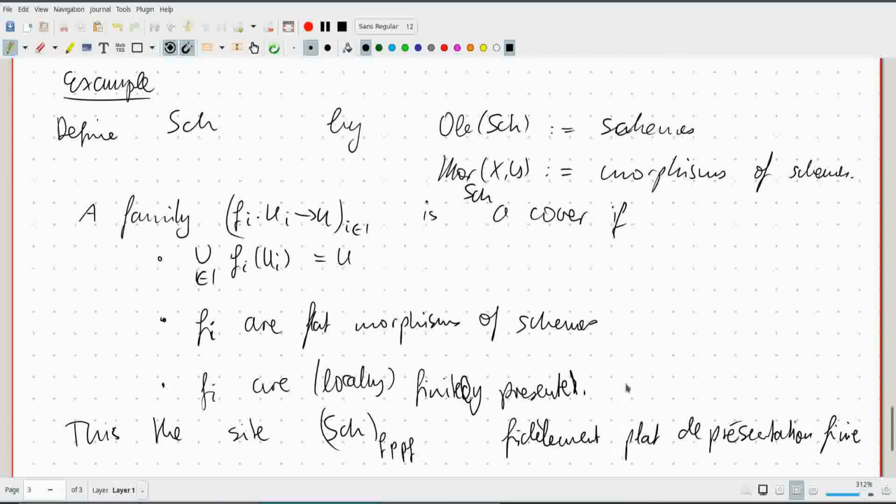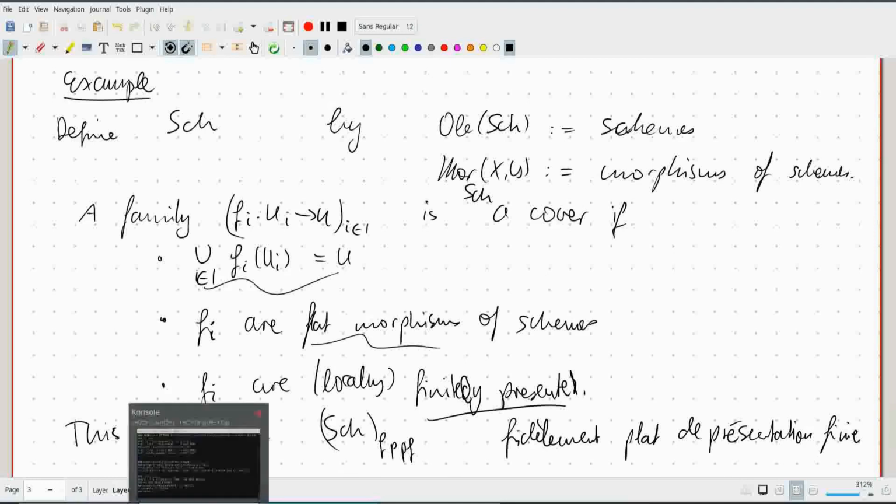Faithfully flat means that the f_i are flat and that they are surjective, or at least collectively surjective. And présentation finie, finitely presented, corresponds to that thing there. And this site is interesting because you can define the stack of quasi-coherent modules on that site, and it also turns out to be a stack that is sort of the algebraic geometry equivalent of the stack of vector bundles that we are trying to reach.